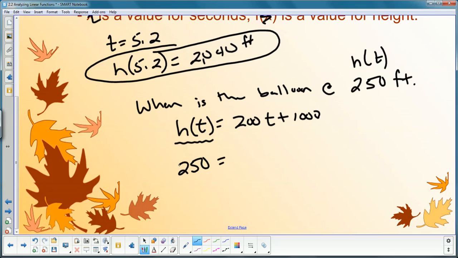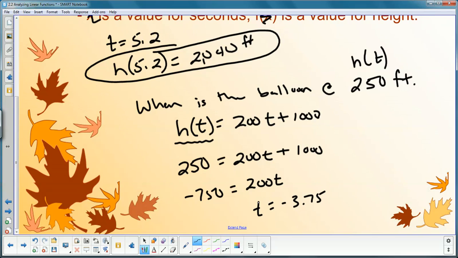So 250 equals 200t plus 1,000. We're going to start by subtracting 1,000 from both sides, which tells us that negative 750 equals 200t. Then we divide by 200, and that tells us that t is equal to negative 3.75. Remember, this is a value for time, so that's negative 3.75 minutes.